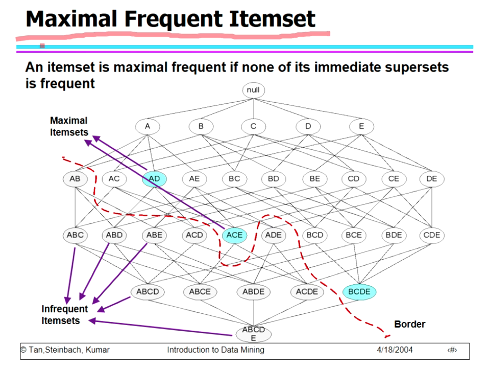AD is a set. To move to a superset, we add an item. So ABD and ACD, for example, are supersets of AD.